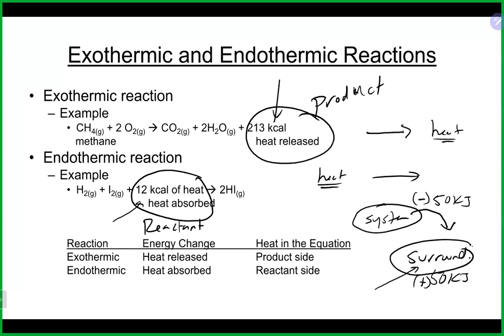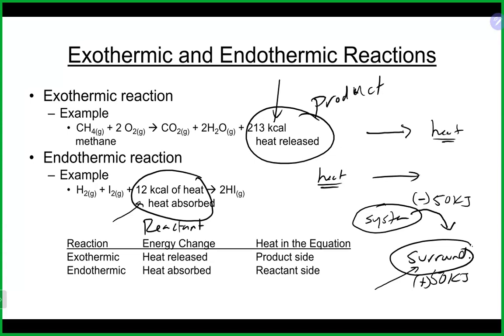The number of the energy that's being released or absorbed in a chemical reaction will be the same. So the physical number or value that you get will be the same value. In this example here, they're both 50.